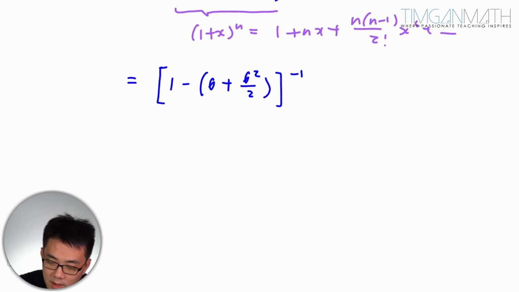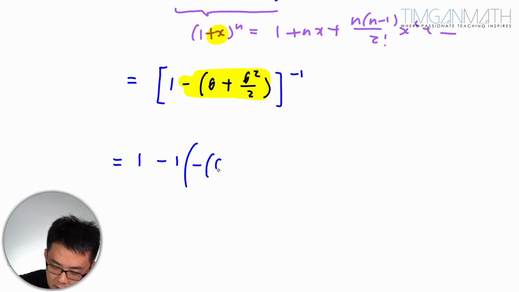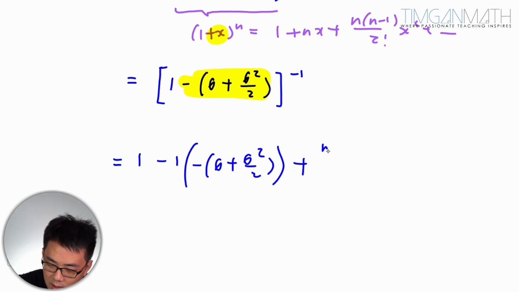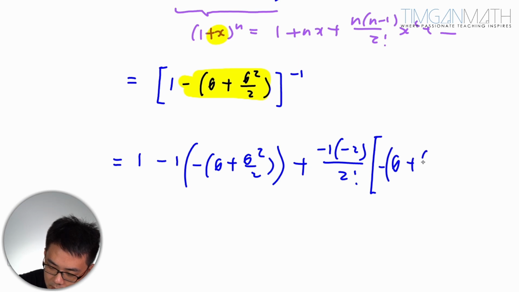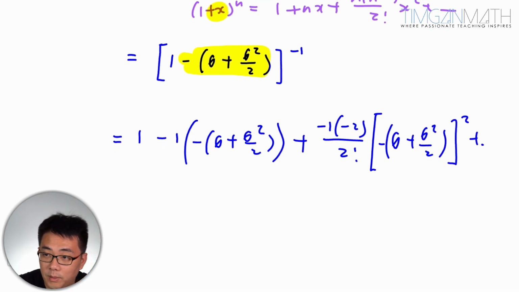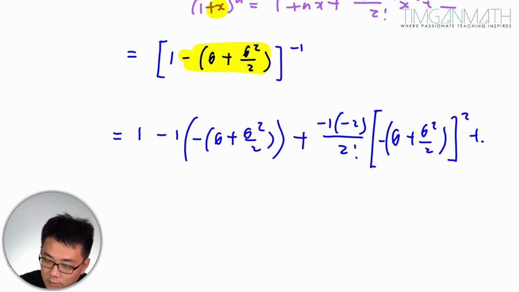This is my x here. If I use the power series, this will be 1 minus theta plus theta squared over 2 plus n, which is -1, times -2 over 2 factorial, and I'm going to just square it. I can ignore the power 3 because I don't really need it.